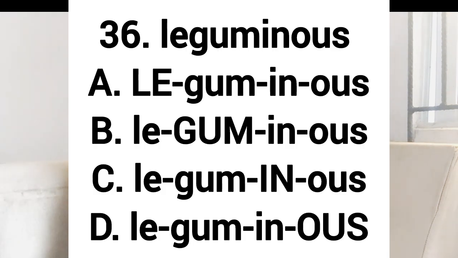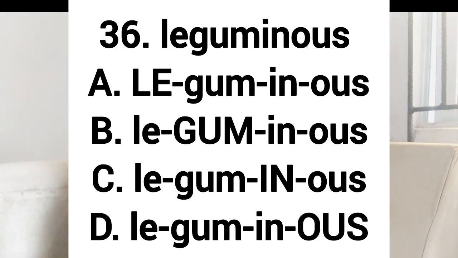Now, I have some words here from WAEC questions number 36 to 40. They are not 2 syllables. I have some, I think almost everything, 1, 2, 3, 4 syllables. Now the first word we have here is leguminous.